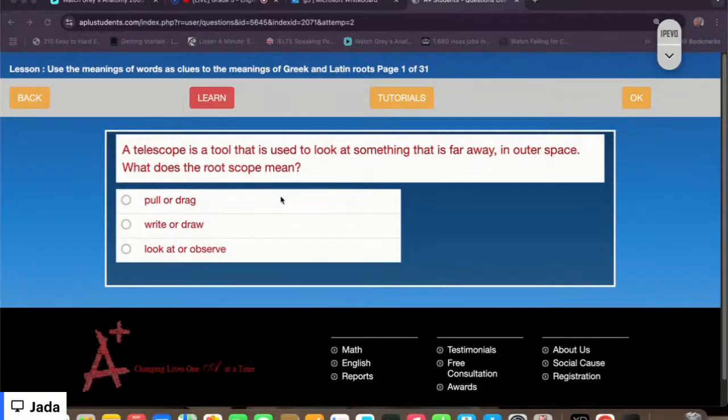A telescope is a tool that is used to look at something that is far away in outer space. What does the root scope mean?